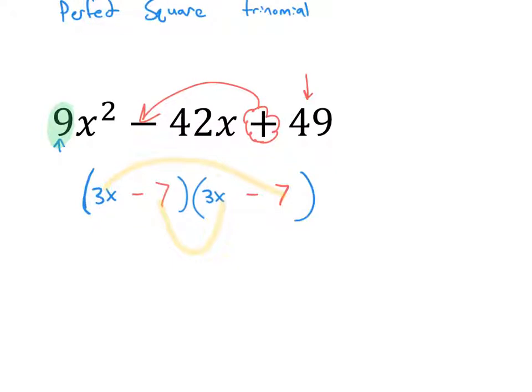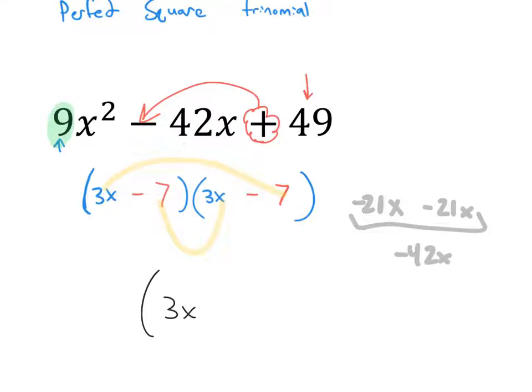So 3x times a negative 7 is a negative 21x. Then we get another minus 21x. Those combine together to give us that negative 42x. So that means that this answer is indeed correct, but we would need to shrink it down to 3x minus 7 squared.